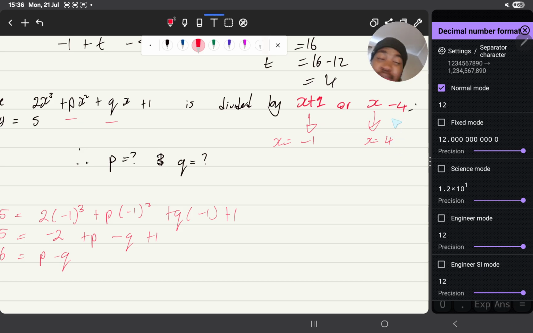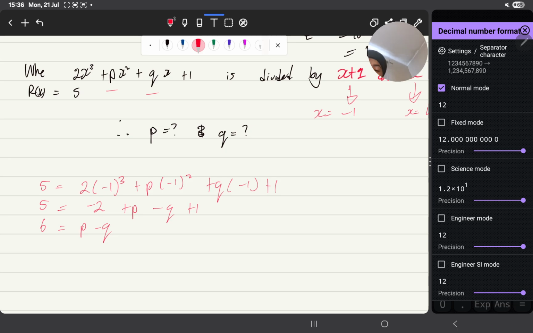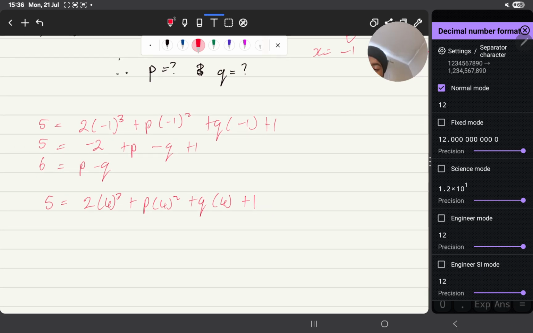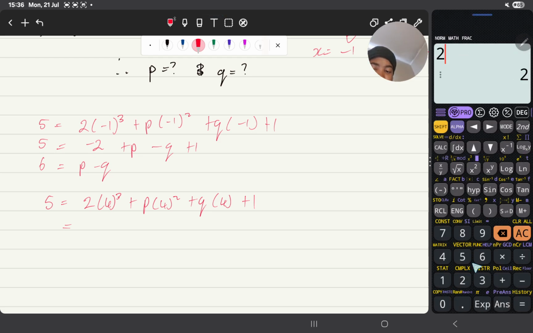Here x equals 4, so not 0, 4. That means I will come again and say I have 5 equals, now I'm substituting positive 4, 2 times 4 cubed plus p times 4 squared plus q times 4 plus 1. Oh, this is q.